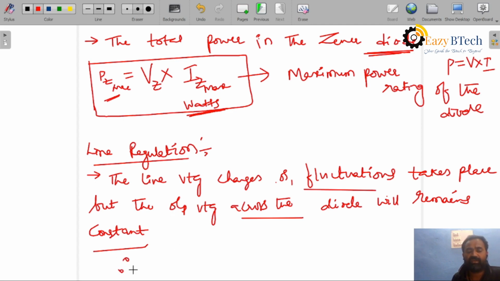That is, output voltage V naught is equal to Vz.